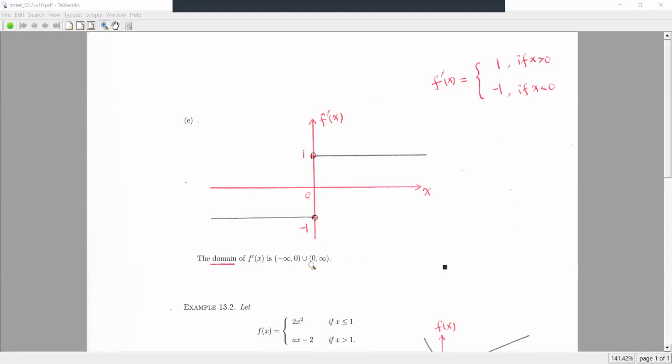Union together with the numbers from 0 to +infinity. I place a parenthesis at 0 to exclude 0, and also place a parenthesis at infinity to exclude infinity. Infinity is not a number. We should exclude it.